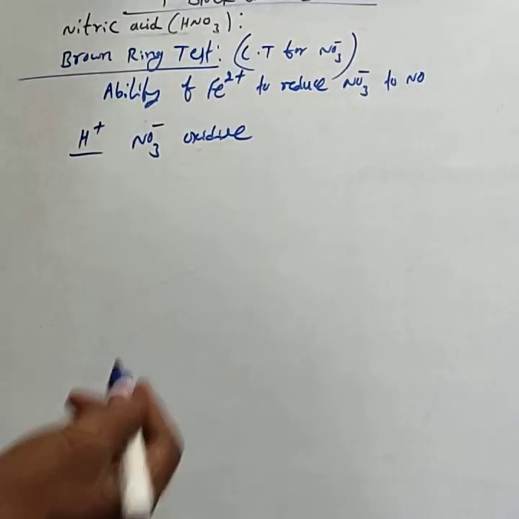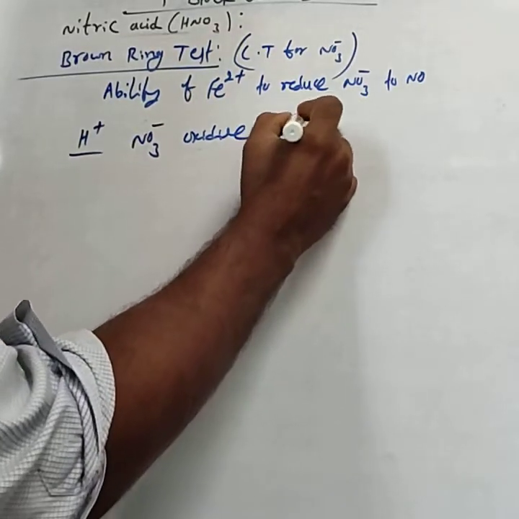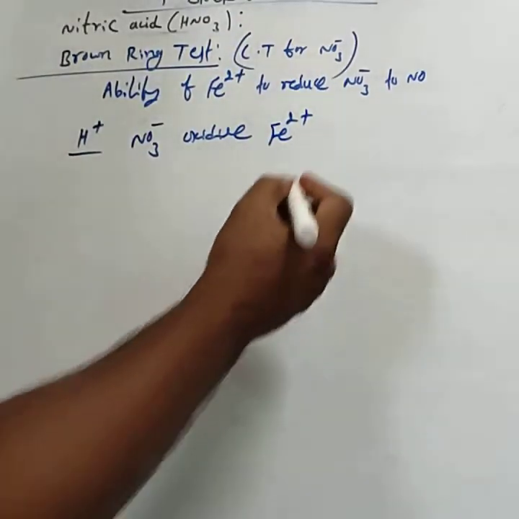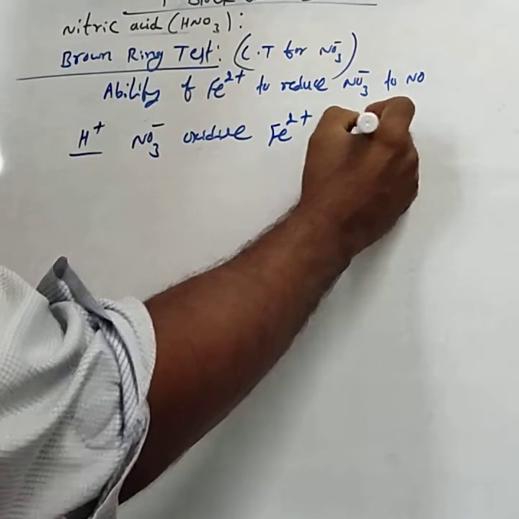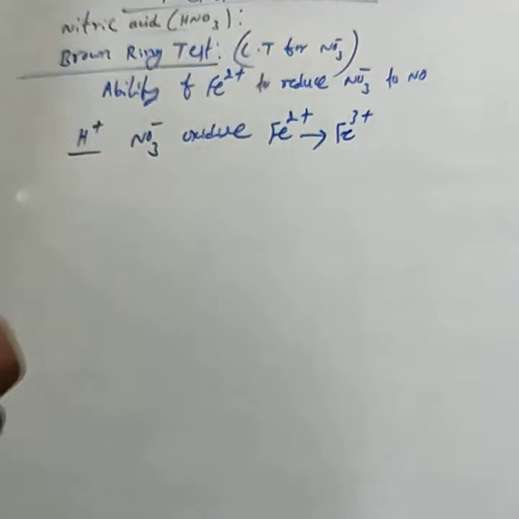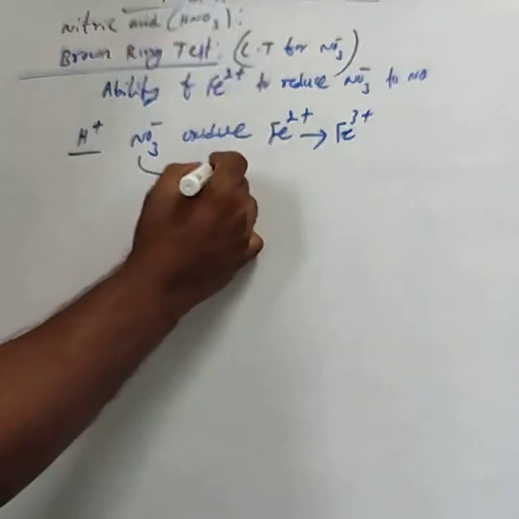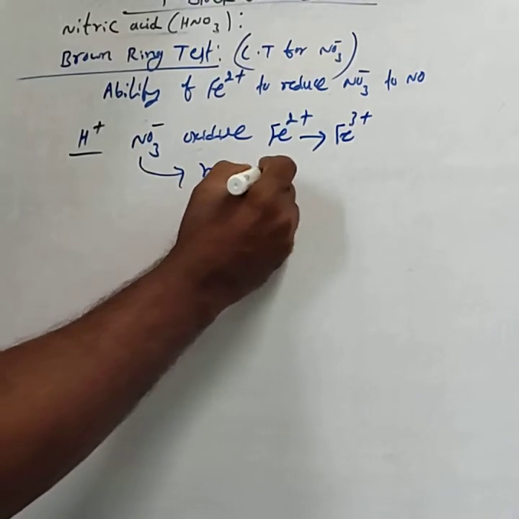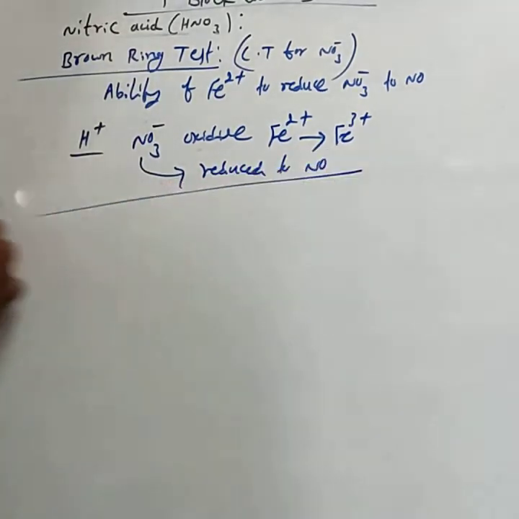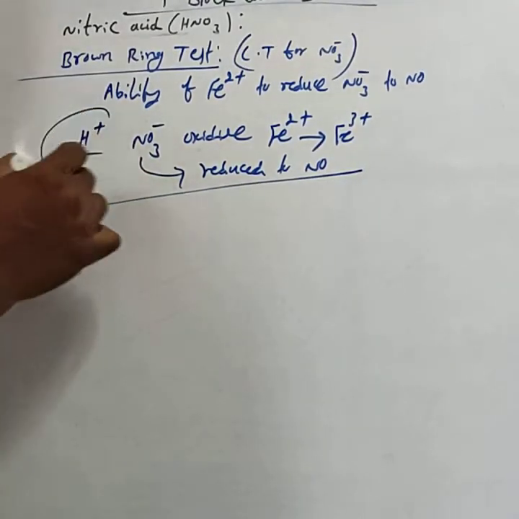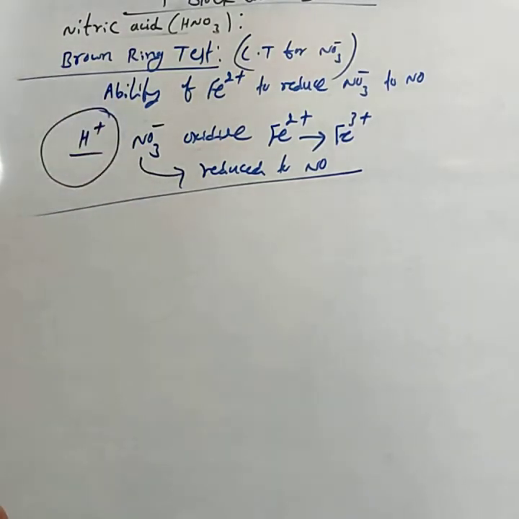Nitrate ion will oxidize ferrous ion to ferric ion, and itself gets reduced to nitric oxide.